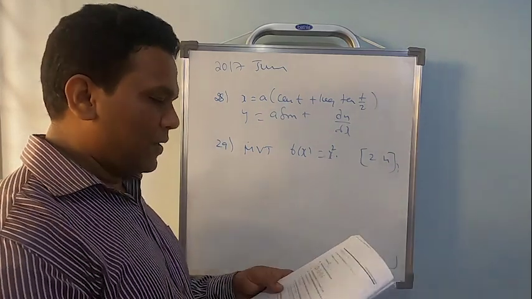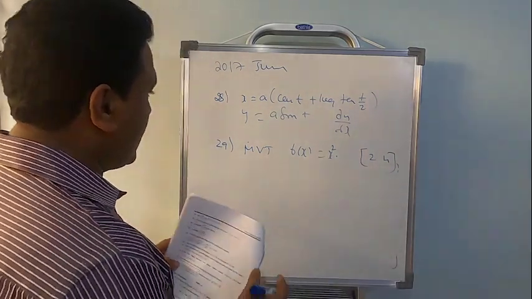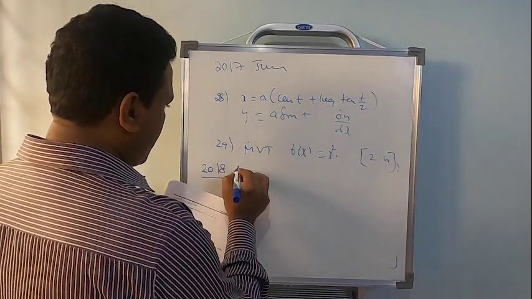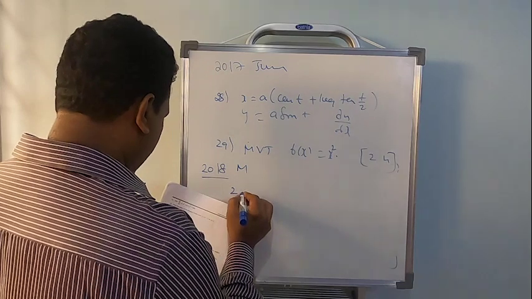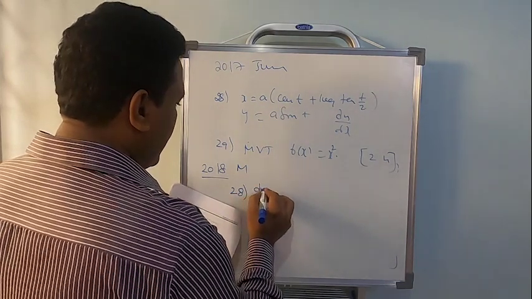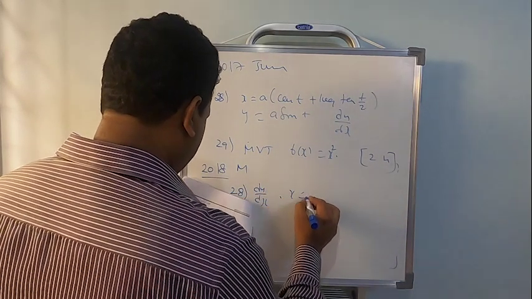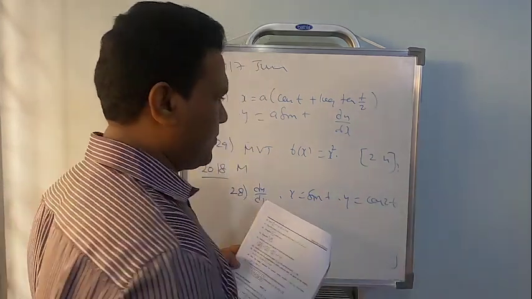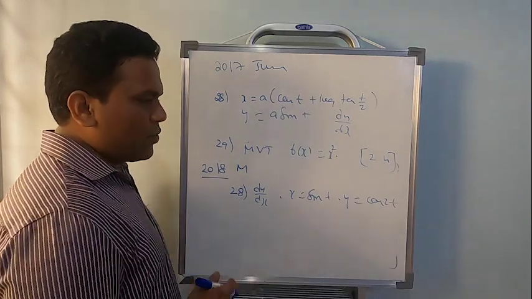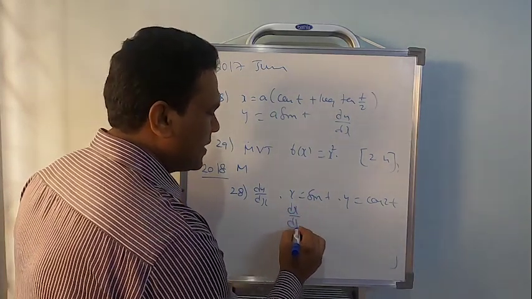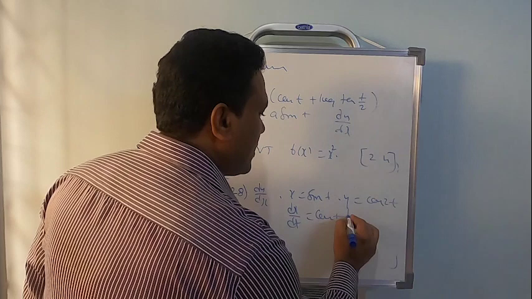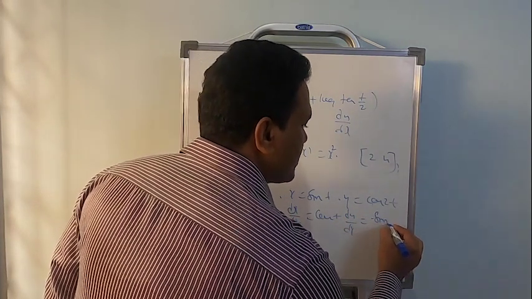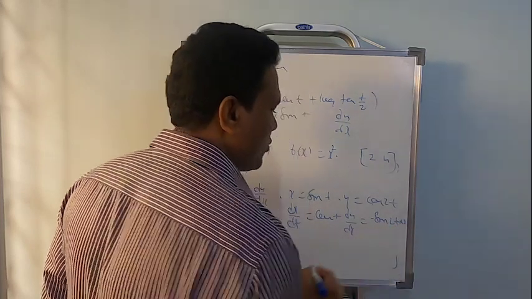2018. So if I go to 2018 March, problem number 28, find dy by dx if x equal to sin t and y is equal to cos 2t. Fine. So dx by dt will be cos t, and dy by dt will be the differentiation of cos 2t, which will be minus sin 2t multiplied by 2.